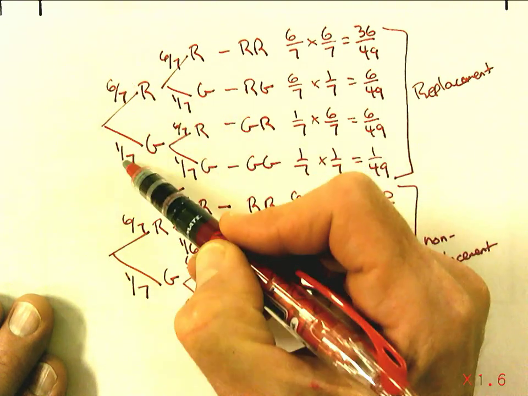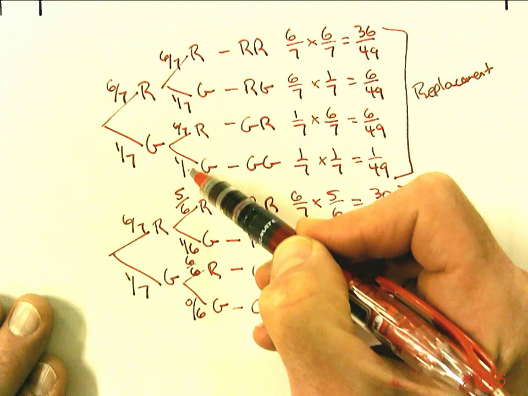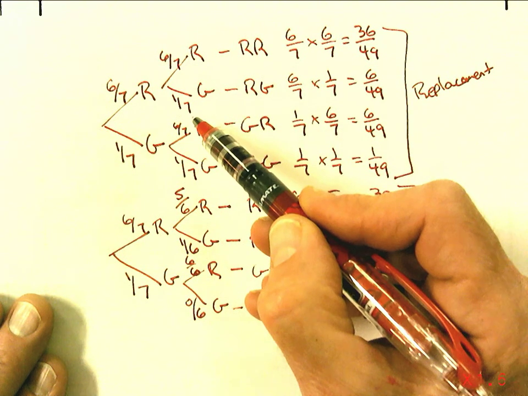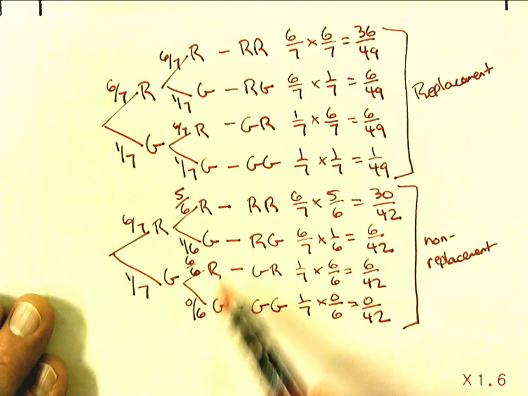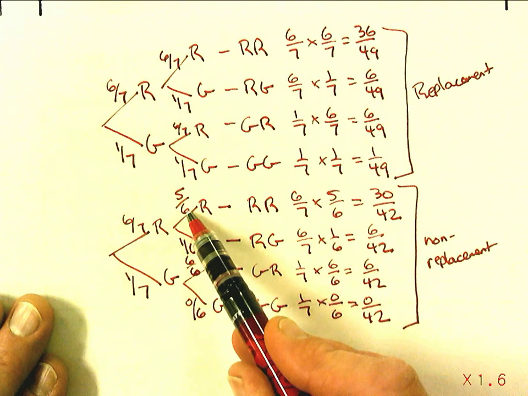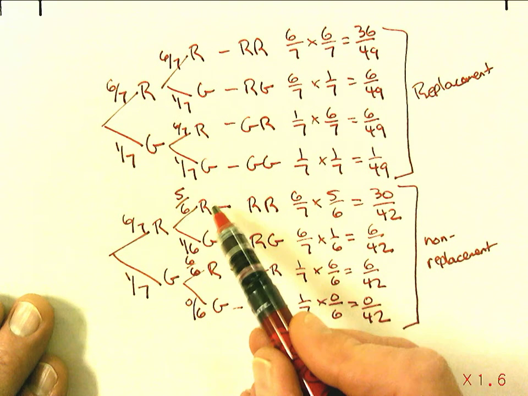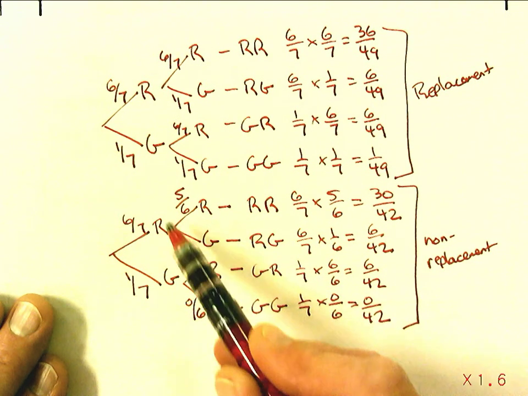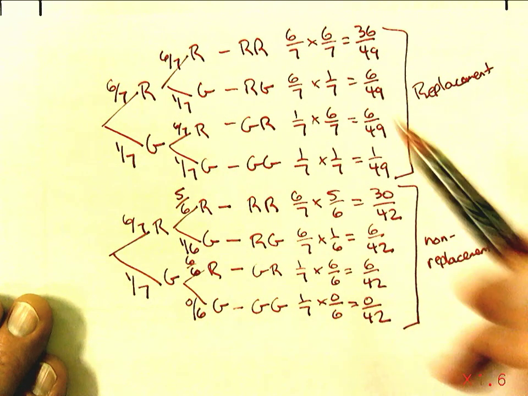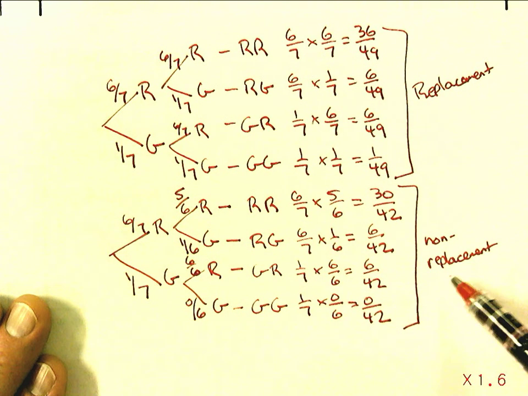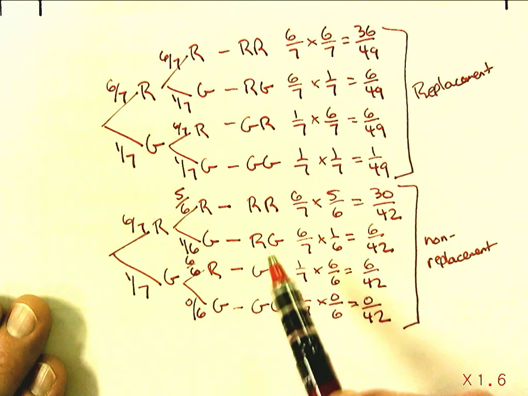In the first one, the probabilities don't change from the first to the second because we put the marble back in. In this case, the marble is not there, and so there's a reduction in the denominator, and in some cases the numerator, depending upon which marble you pull out. And so that's how you calculate replacement versus non-replacement probabilities with multiple situations.